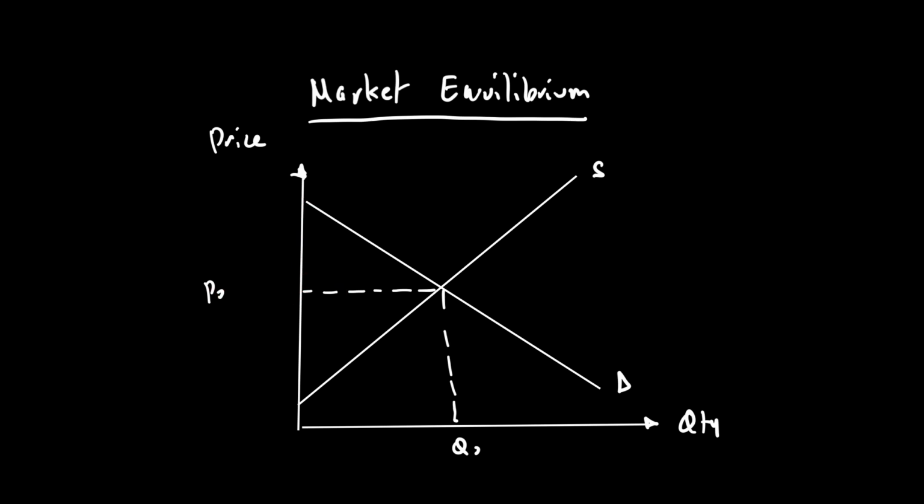So my consumer surplus will be this region, while my producer surplus will be the area under the market price above the supply curve. And this consumer surplus plus producer surplus gives us what we call our society's welfare. So if there are consumers and producers in the society, this is our society's welfare, where consumers will be happy because consumer surplus tells us their welfare, while producer surplus is producer's welfare.